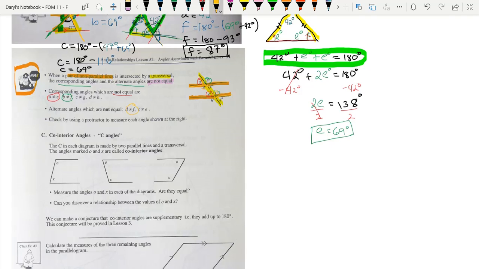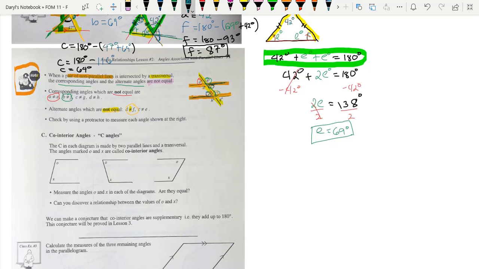They are not equal. So this symbol here is just a symbol for not equal. So they are not equal, as well as your C and E. So C and E are also considered as alternate interior angles, because if you can see there, you can create a Z pattern.